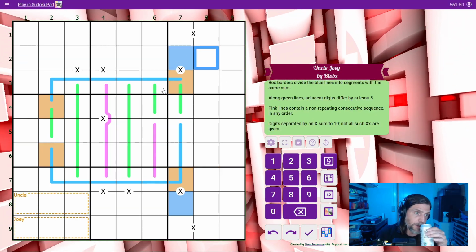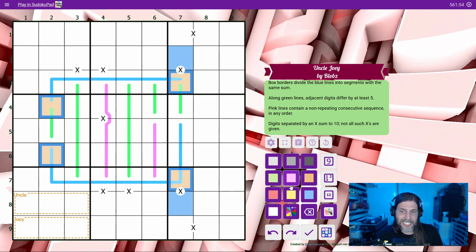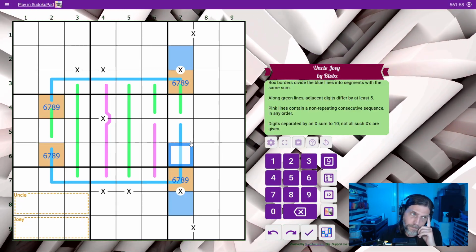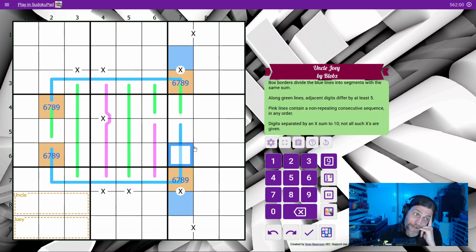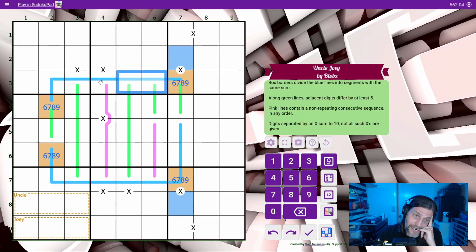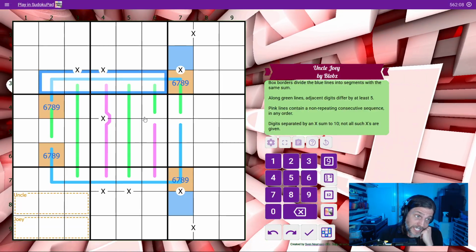Now, though, they're more restricted than that. So at the base level, we would say there's 6, 7, 8, 9, right? However, the minimum that these digits could sum to is 15.